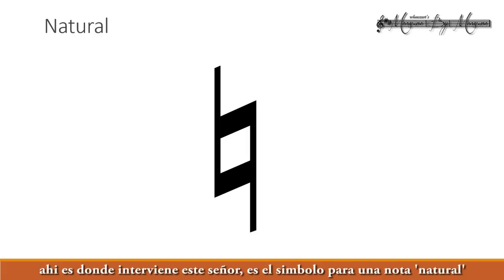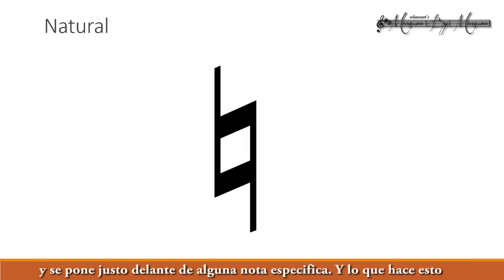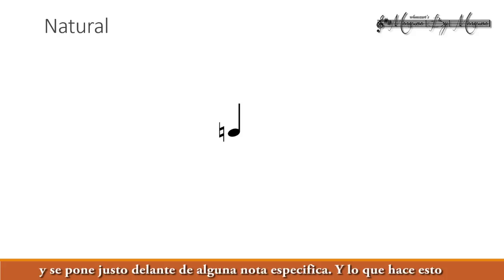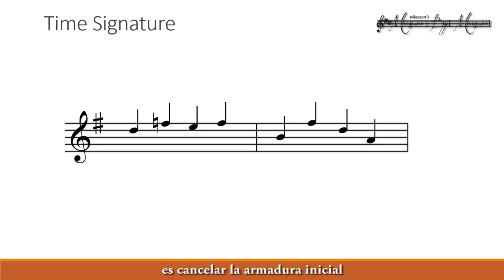That's where this guy comes in. This is the symbol for a natural note. And this goes right in front of a specific note. What this does is it cancels out the initial setup, but it only works for this measure. Only for the measure it's in.